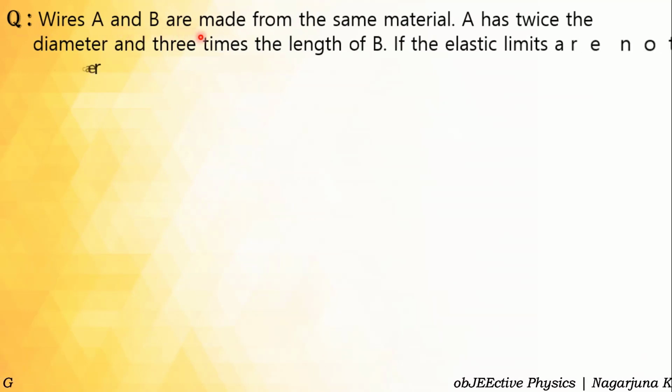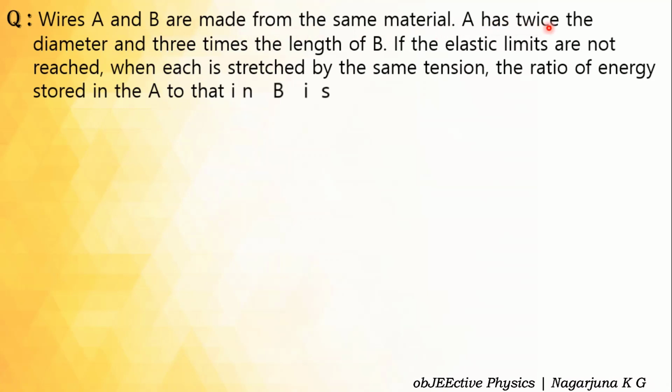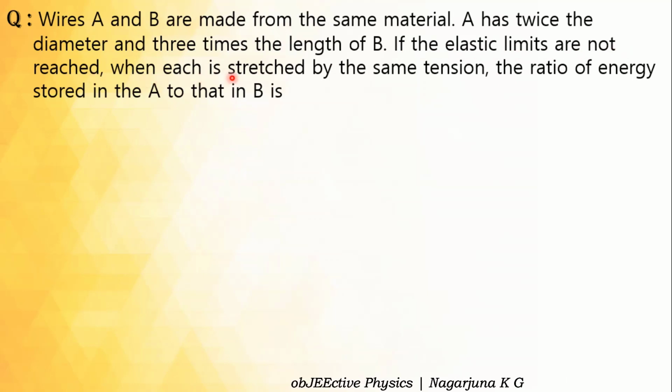Wires A and B are made from the same material. A has twice the diameter and 3 times the length of B. If the elastic limits are not reached, when each is stretched by the same tension, the ratio of energy stored in A to that in B is.